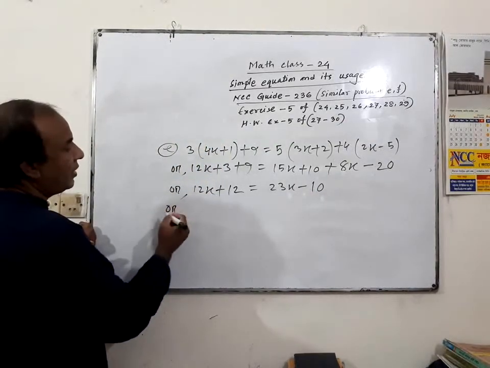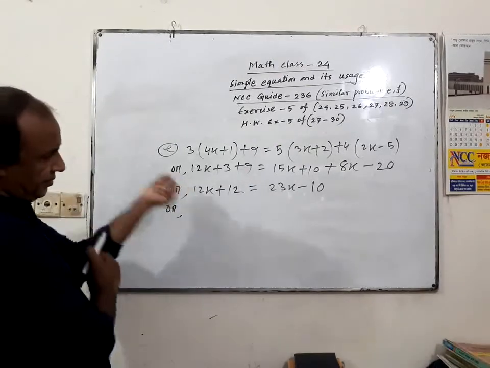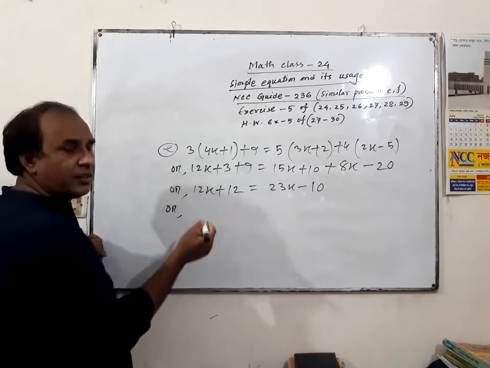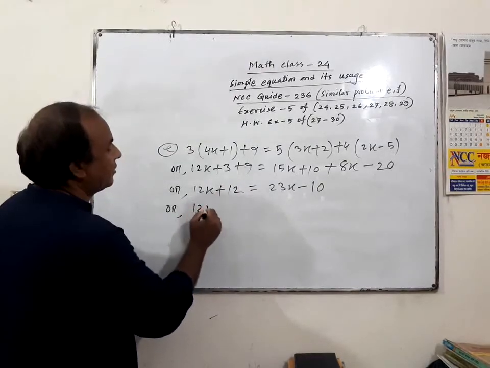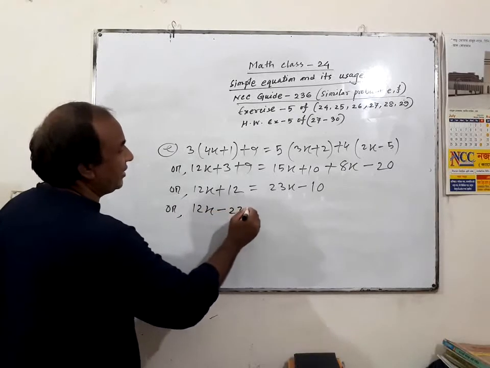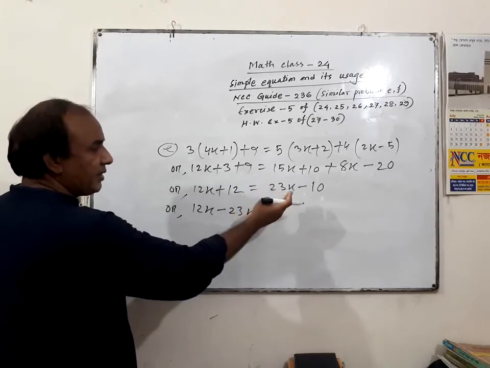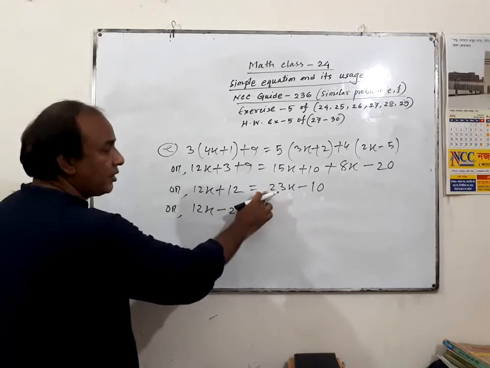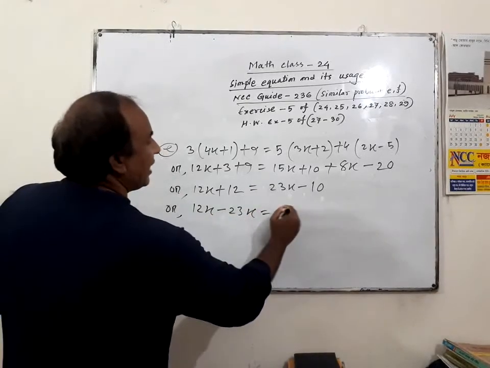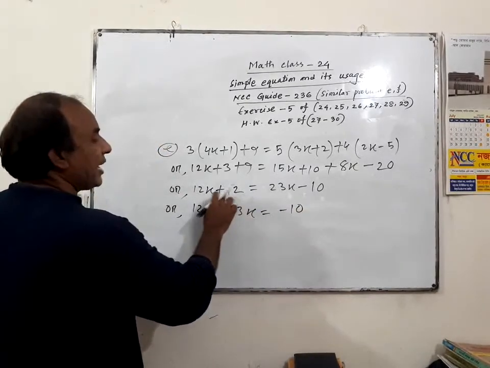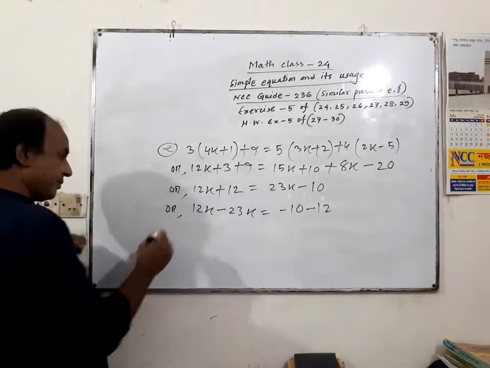We know that during a solution we have to keep the variable on the left hand side. So 12x minus 23x. If we exchange the sides, plus 23x becomes minus 23x, and minus 10 and plus 12 becomes minus 12.